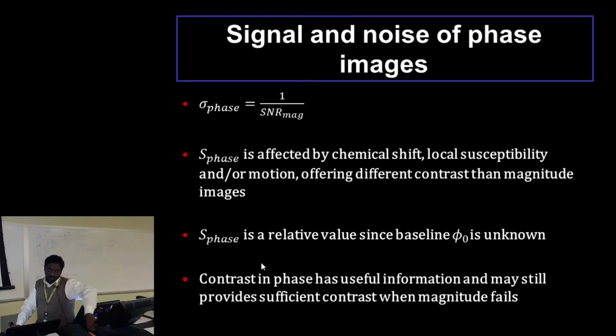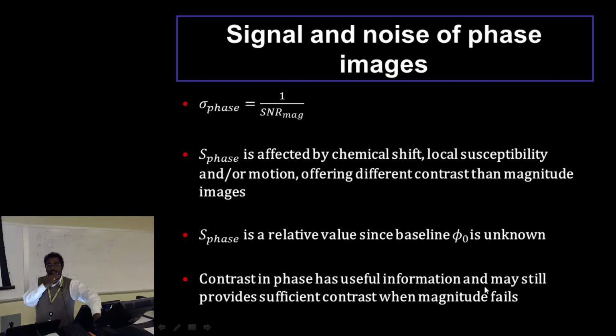So we talked about SNR in phase in the beginning slides. This slide is more or less summarizing the effect of phase signal to noise ratio. One important point that I want you to draw is that even in some cases, even if the magnitude does not have contrast within the image, phase can lead to contrast.